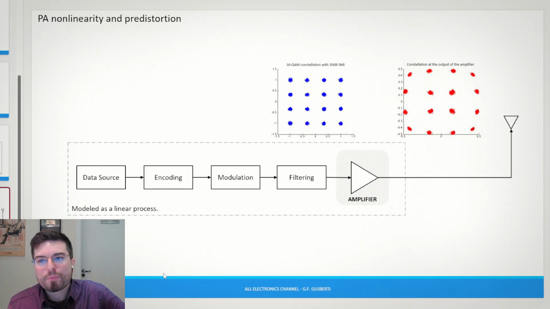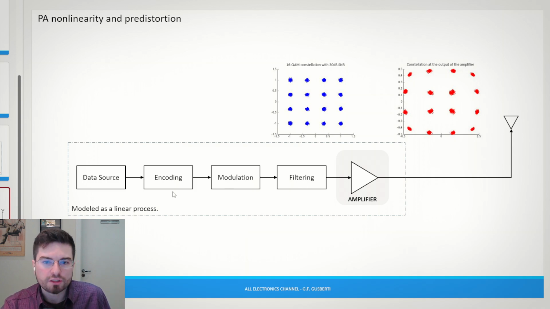And guys, we also have a problem that's not exactly practical, but is more like a mathematical problem. That is, we always consider a transmission system as a linear process. We use linear mathematical tools to design, to understand, to model the system.